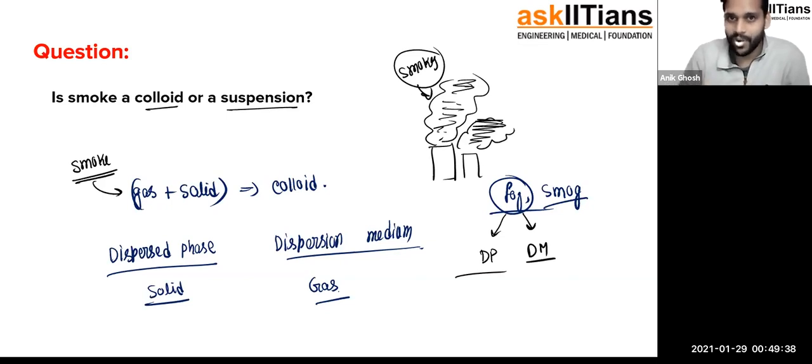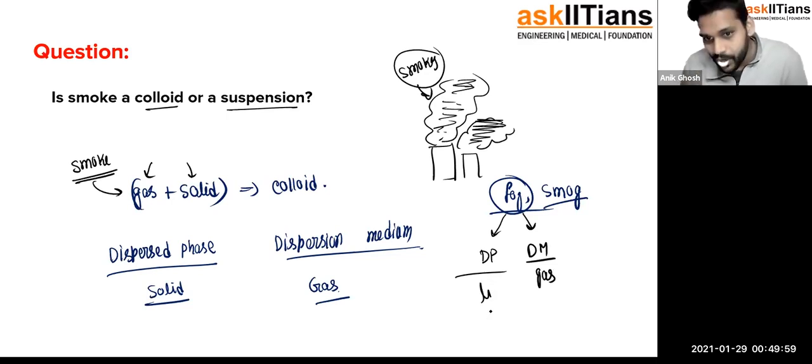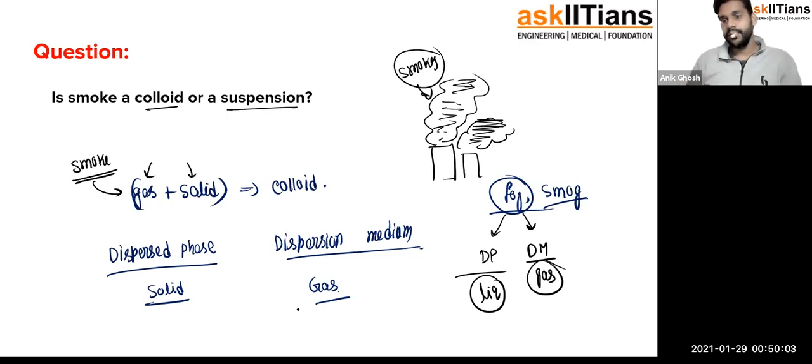Everything just remains dry because there is solid and gas. But when you walk through a fog, you feel your shirt is wet. Then definitely here the dispersion medium is again gas, but the dispersed phase is not solid, it is liquid.